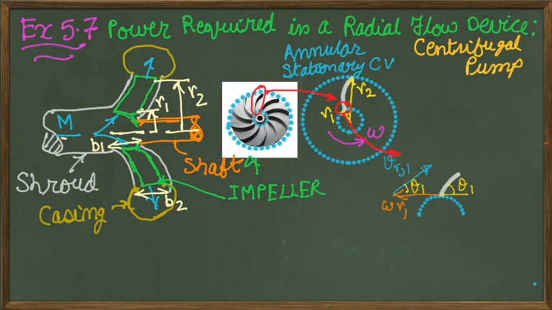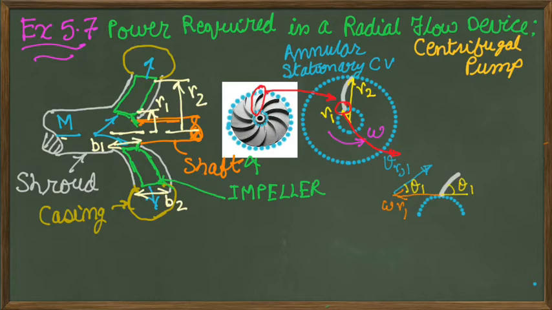So considering these two velocities, for this problem we want to obtain the absolute velocity because we are considering a stationary control volume. And as I mentioned earlier, our main focus is to obtain the tangential component of the absolute velocity at the inlet and outlet of the blade.